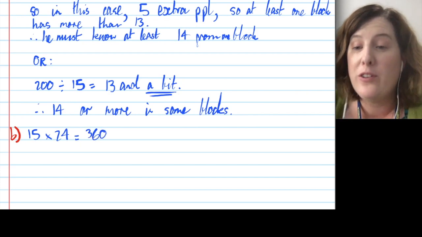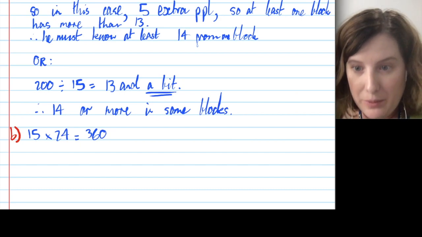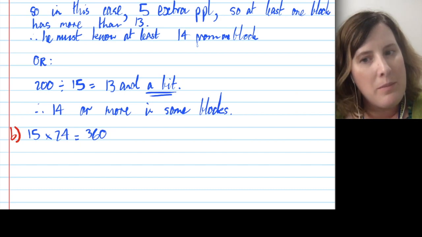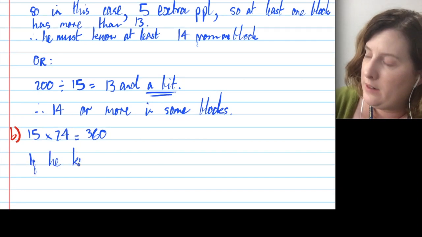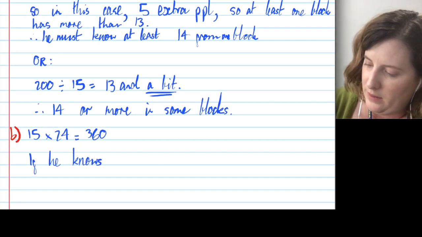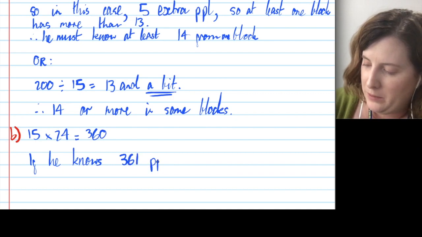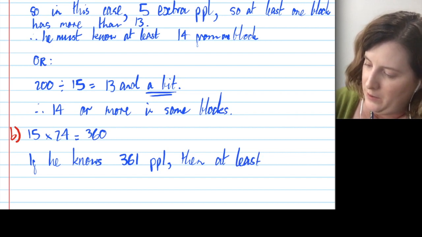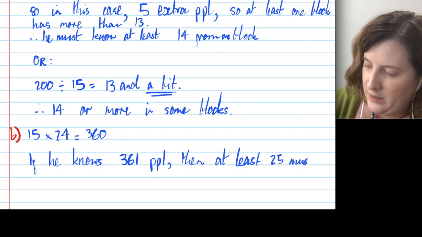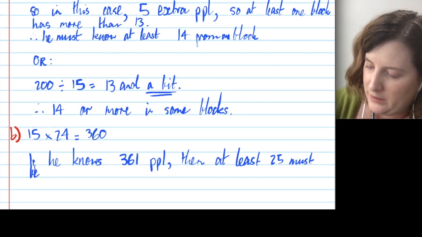So if he knows 361 people, then at least 25 of them must be from one block.